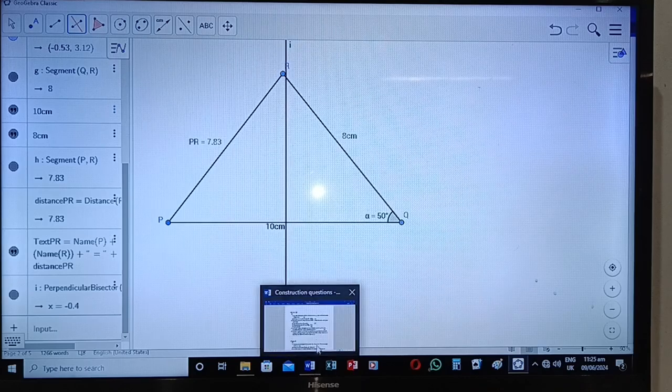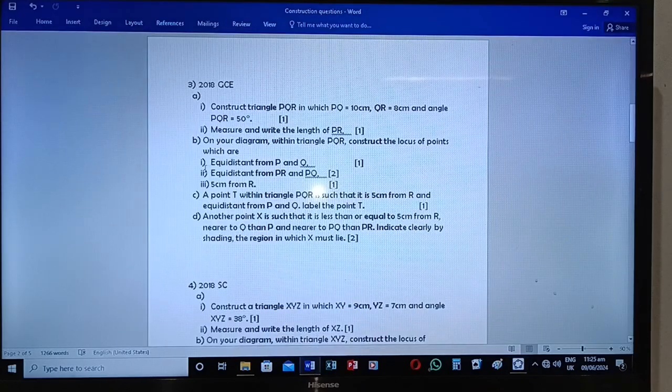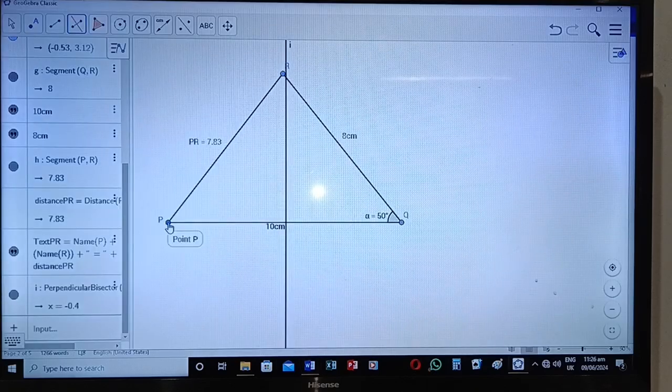Okay, the other locus is equidistant from PR and PQ. Equidistant from PR and PQ is an angle bisector.